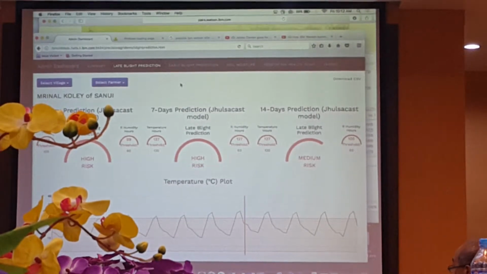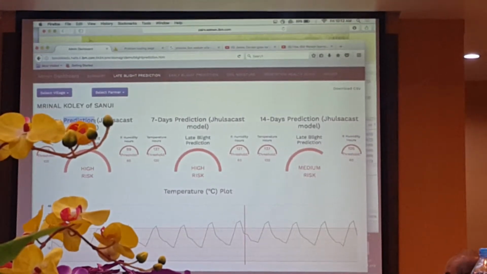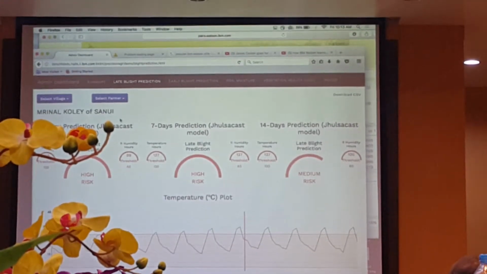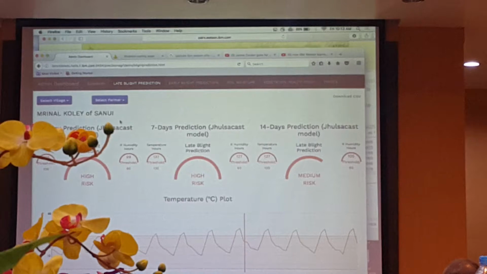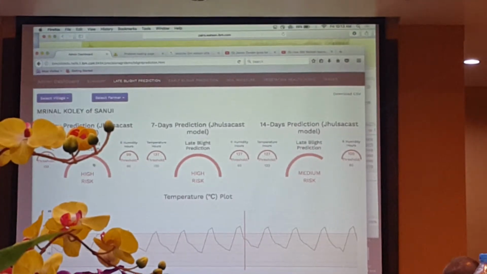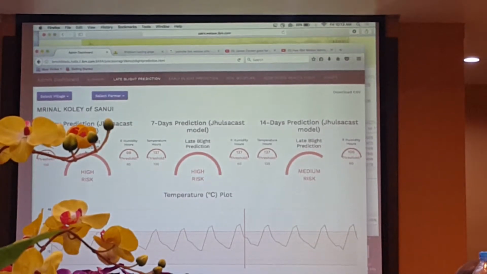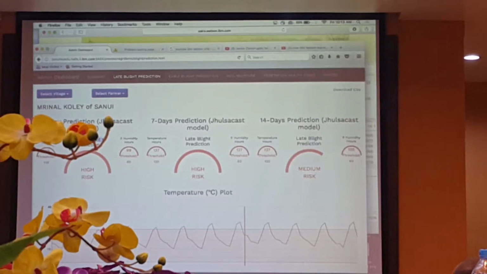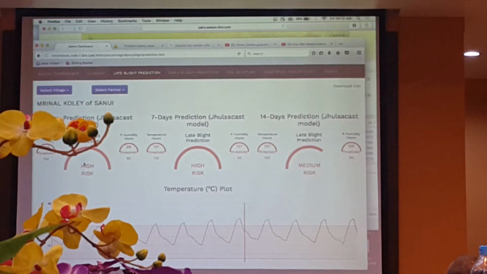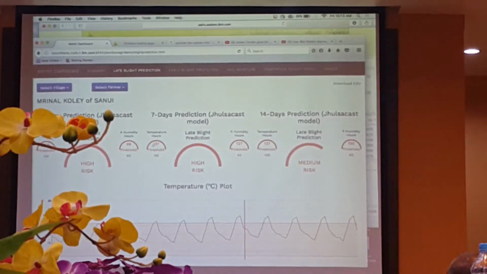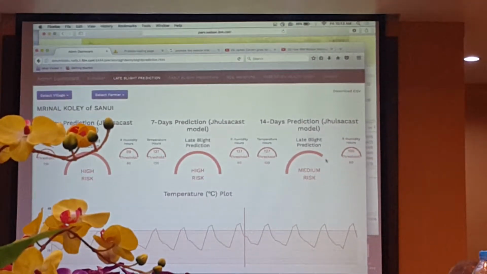So here what you see is a prediction model. It's a prediction model for a specific pest for this crop, and the system analyzes that there is a high risk of this pest attack happening. The pest is known as late blight, and to prevent this, you should put this kind of a pesticide for the next 7 days, because after 14 days the risk goes down.